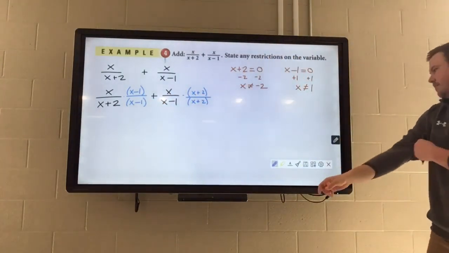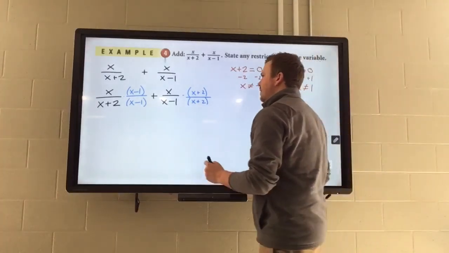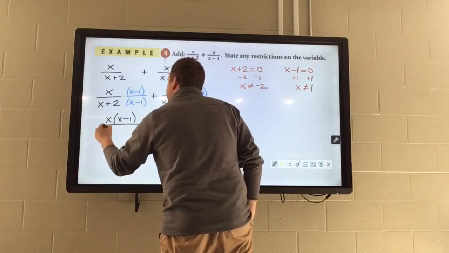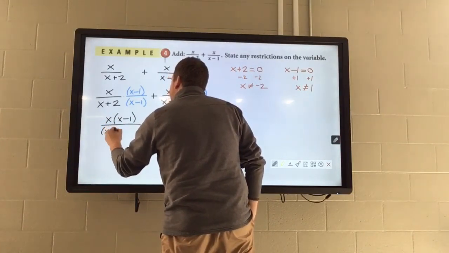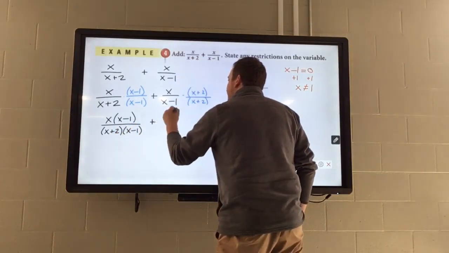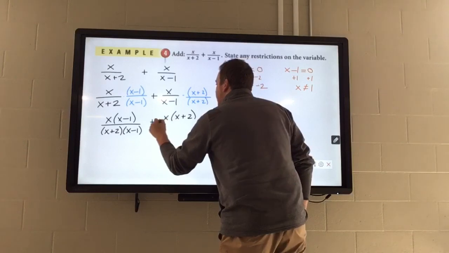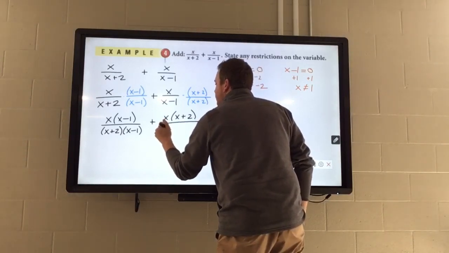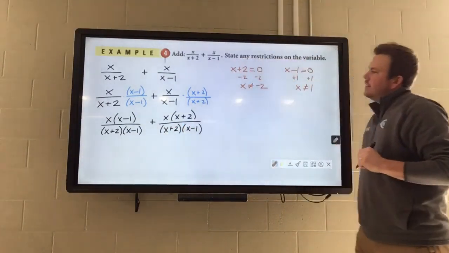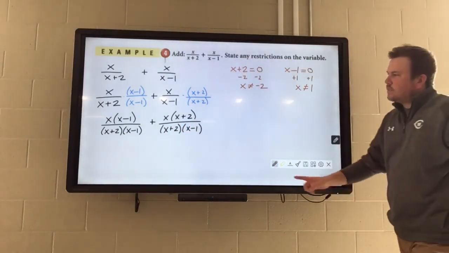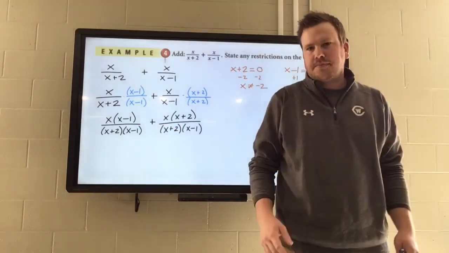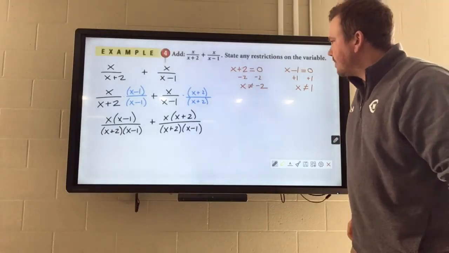And here's what that's going to do for us. So we're left with x times x minus 1 over x plus 2 times x minus 1 plus x times x plus 2 over, we'll write it in the same order, x plus 2 times x minus 1. So now what we have is two fractions with the same denominator, therefore we can add them together. Let's do that.